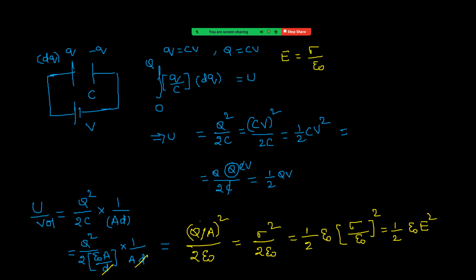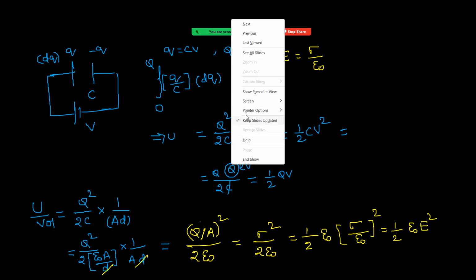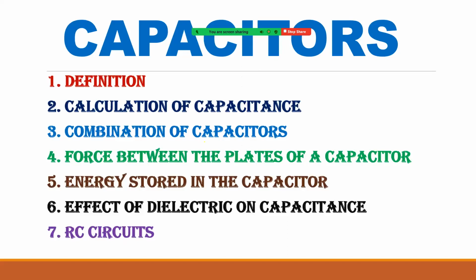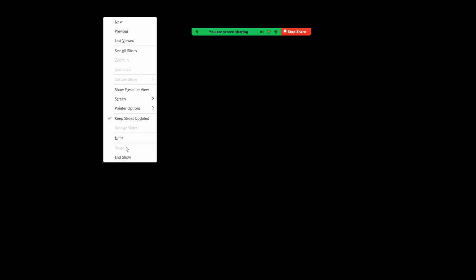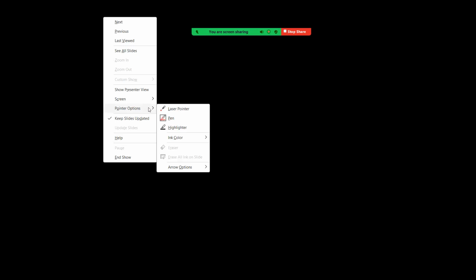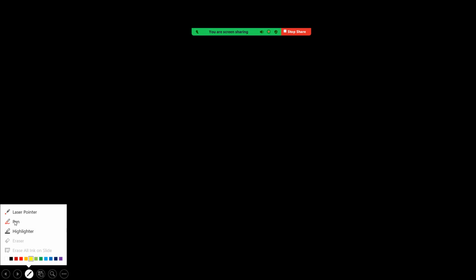Let us focus now. See here, while deriving energy we have taken the assumption that the capacitor is initially uncharged, right? See carefully.